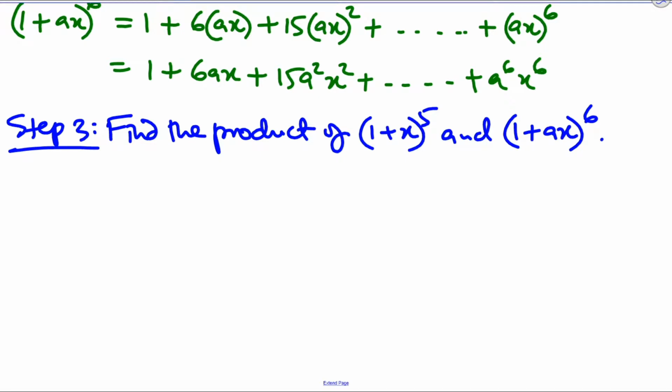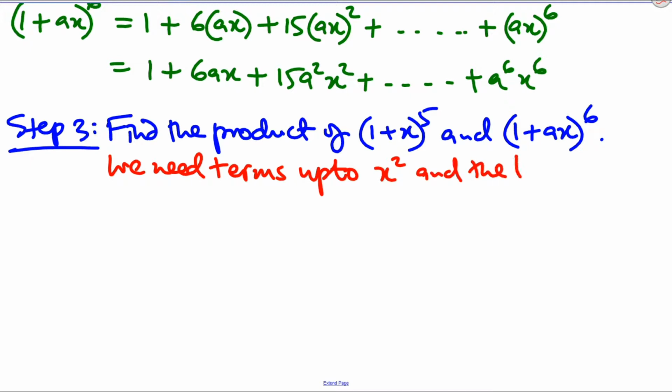And just remember that we need terms up to x squared and the last term.